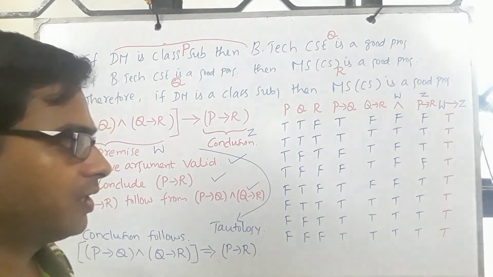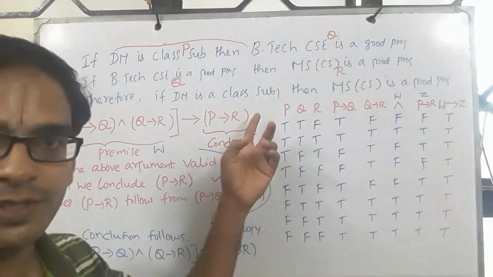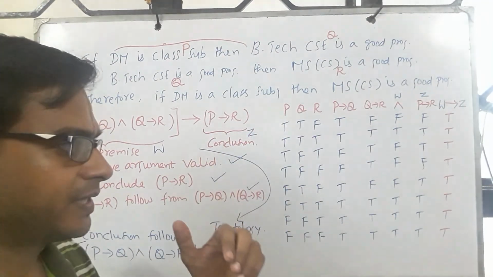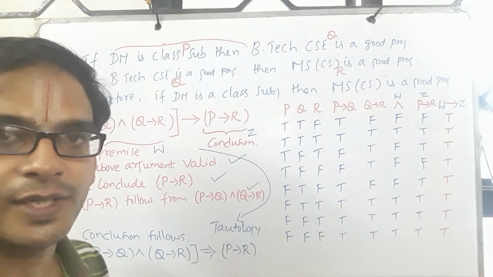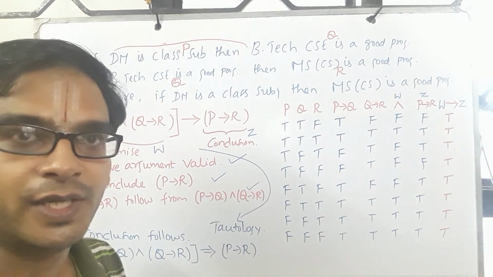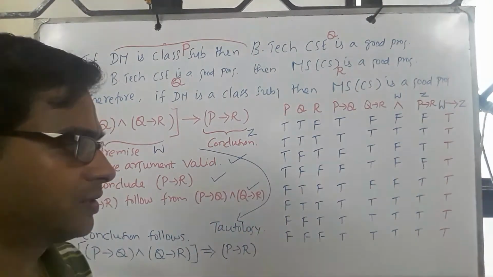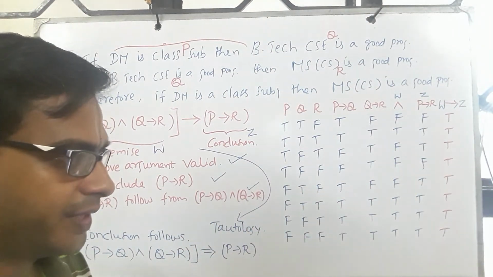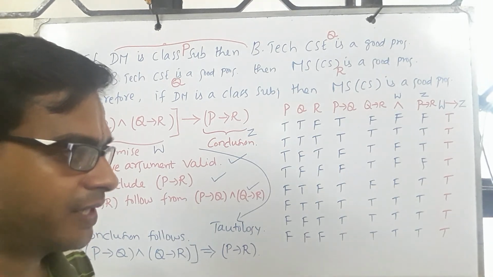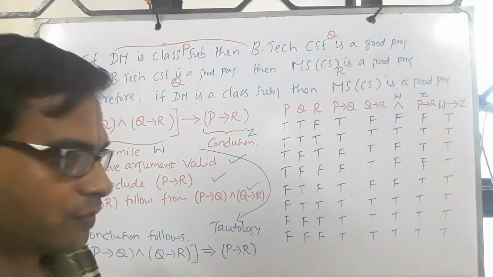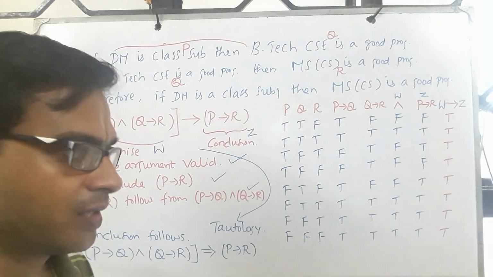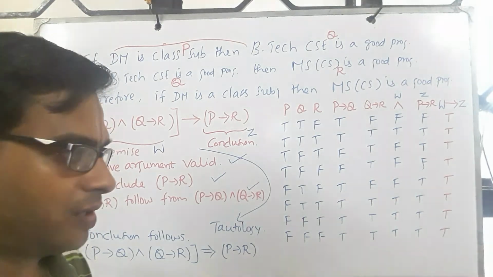In a logical conversation involving statements of this form, you suddenly see that a person in the argument is making a statement which is an inference that follows from the previous statements, and we want to quickly infer and say whether so and so person is making a proper conclusion or not.